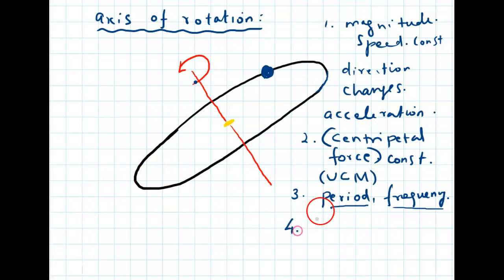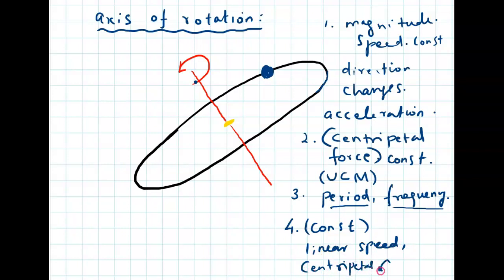What things are constant? Linear speed, centripetal force and centripetal acceleration, momentum, kinetic energy, all these quantities are constant.